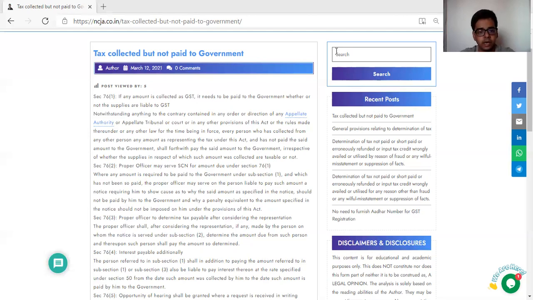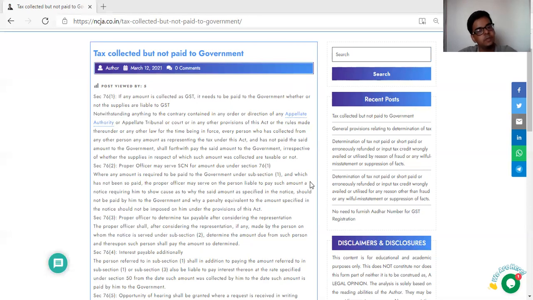You are requested to kindly inform us why you should not be paying that amount, and obviously a penalty is leviable in such cases. So the show cause notice would be for two amounts. One, the amount of tax as determined by the officer, and second, the penalty equivalent to the amount so specified in the notice.